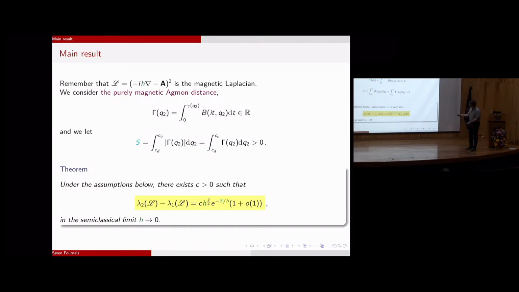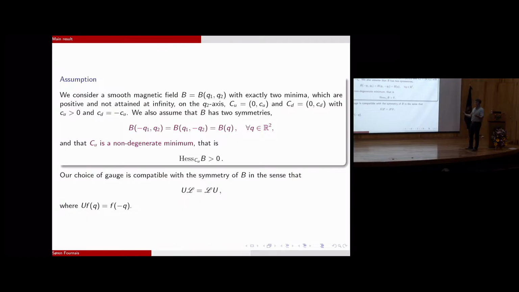And so my theorem is valid for the example, but it's valid under some general assumptions that I will run through a little bit quickly because they're a little bit technical, but I want to at least tell you that there is a theorem for a general class of potentials that works.